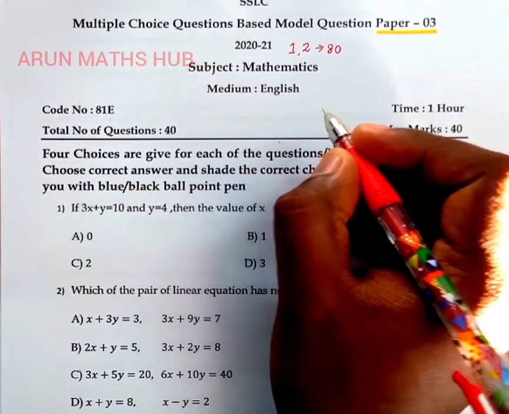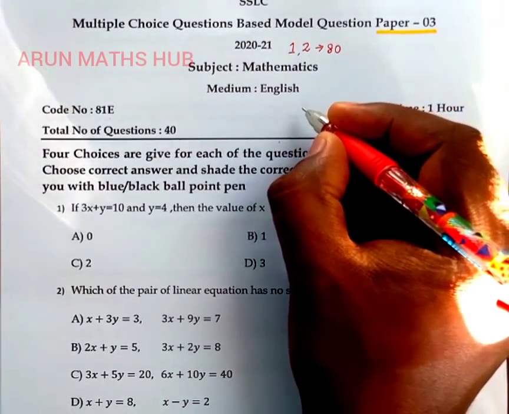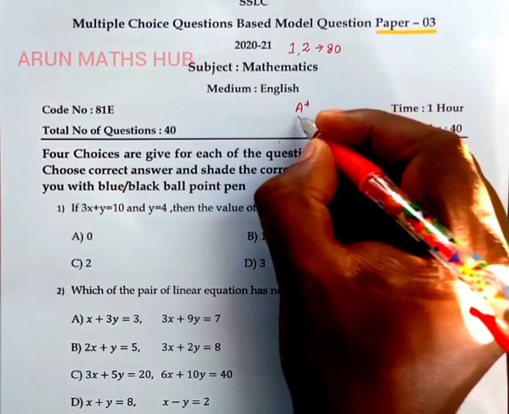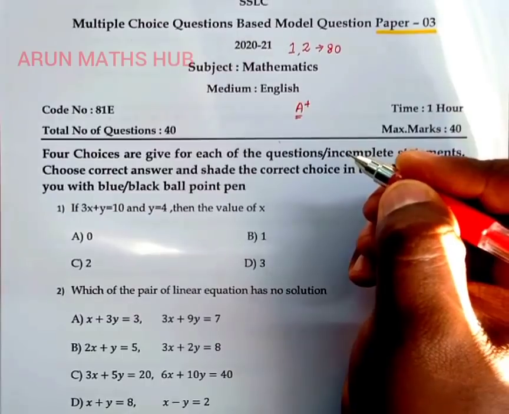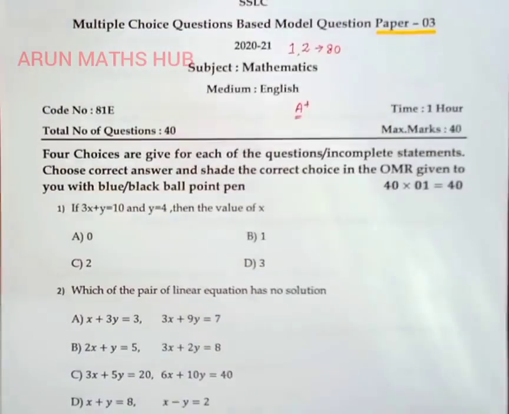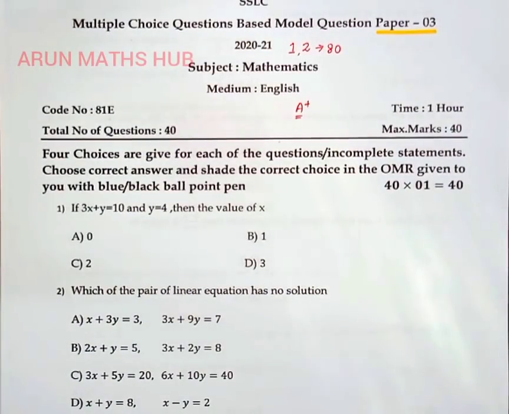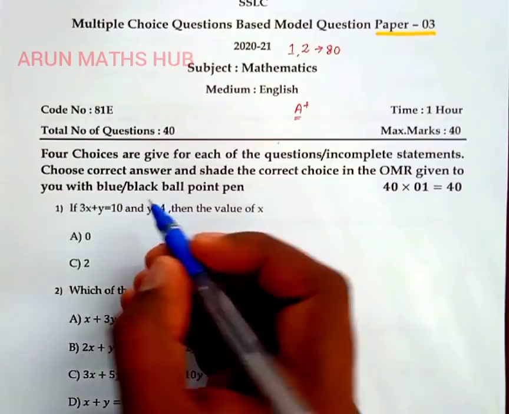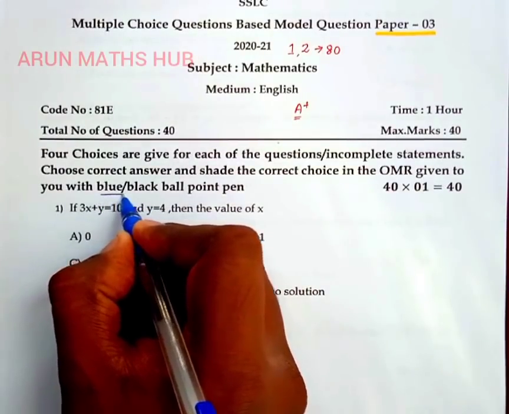So do watch the complete video and make a note of all the questions so that it will be very easy to revise during your exam. Students, important note: in the OMR answer sheet, shade using blue or black ballpoint pen only.